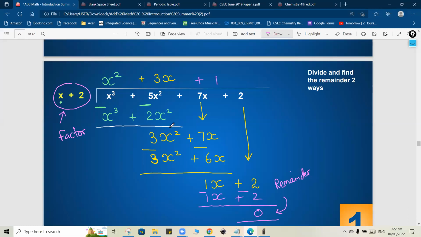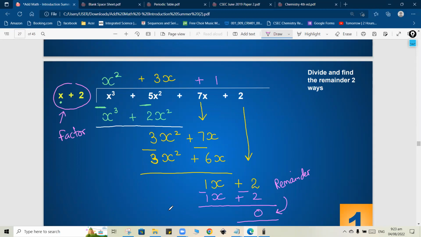So whenever you divide, if you get 0, you can say the x plus 2 in today's case is a factor. If you did not get 0 at the end, like you get 2, 3, minus 1, something that is not 0, then whatever I have in this yellow, that pink circle is not a factor.